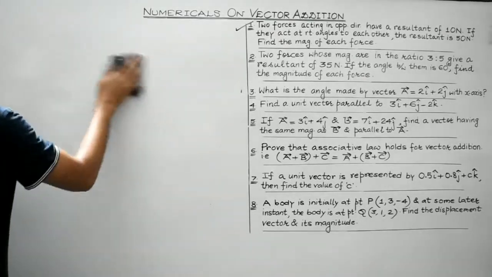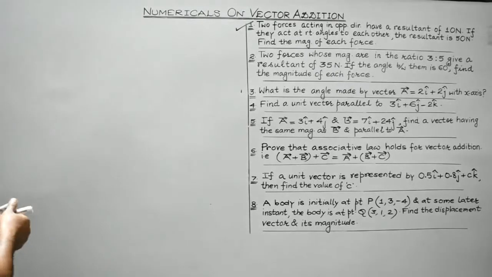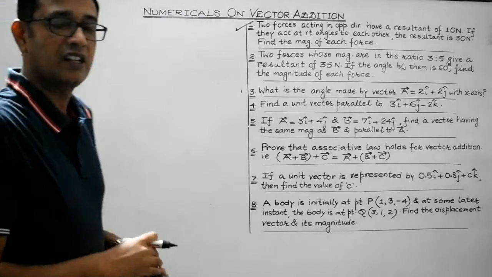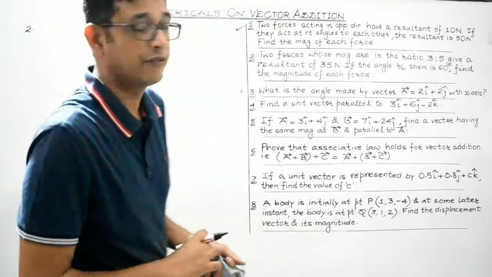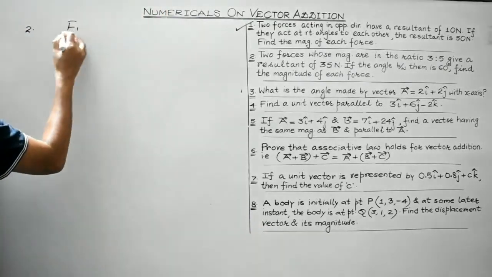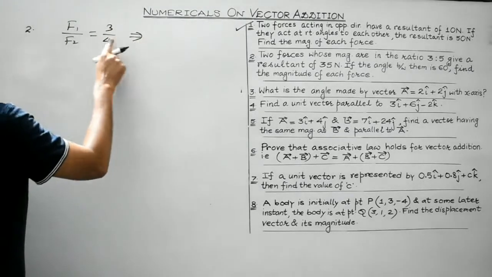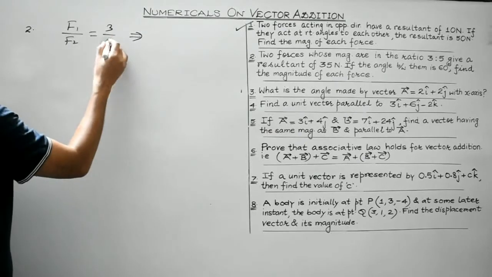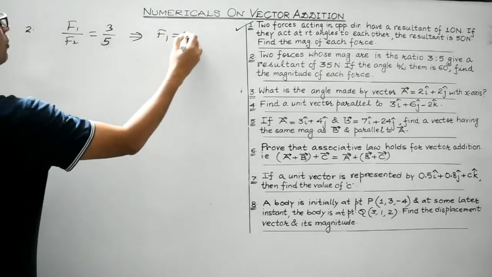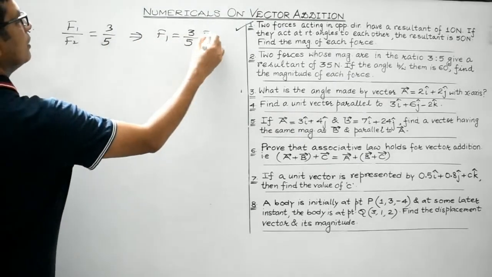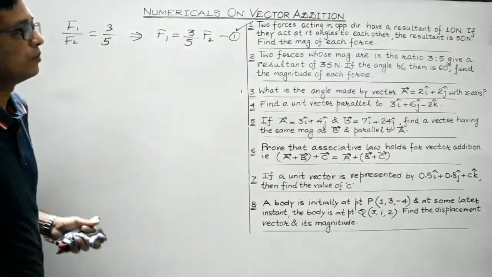Okay, so let's note down the given data in the question. Suppose the two forces under consideration are again F1 and F2. So as per the question, the ratio is 3/5. So F1 would be equal to 3/5 F2. Put this as equation number 1.